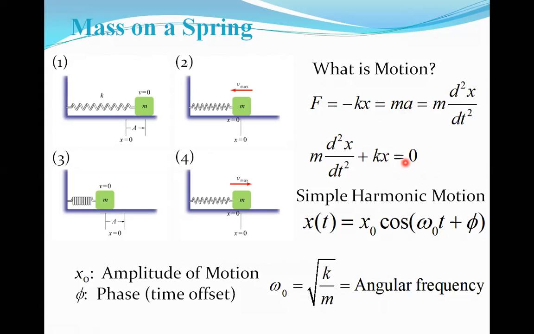What is x naught? It is the amplitude, the maximum displacement traveled by the particle, where omega is the angular velocity and phi is the phase difference. The angular velocity we can write as under root of k by m, where k is the restoring force constant divided by mass.